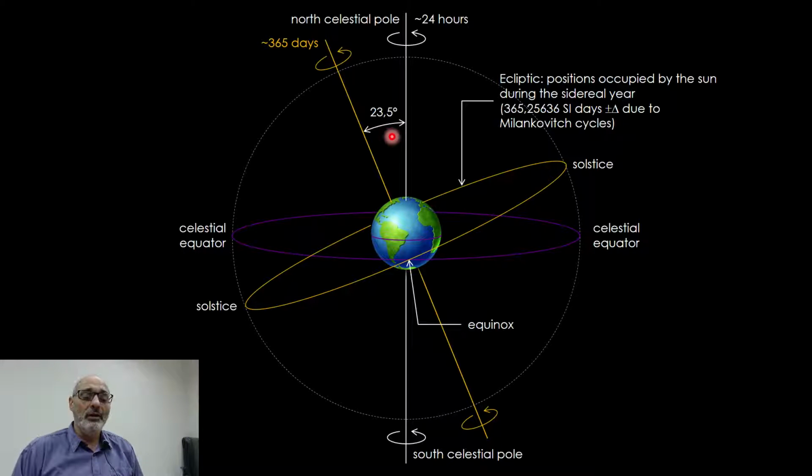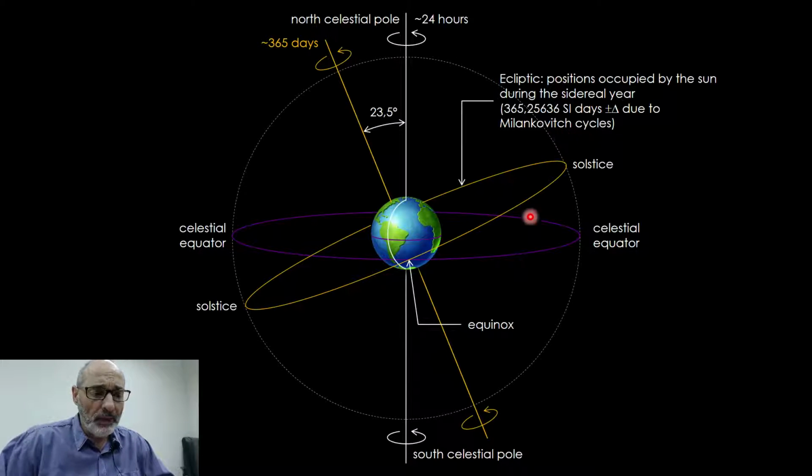We don't need to take this into account for our solar power plant, because the cycles have periods of 40,000 years, so our power plant is not going to last that long. But it's related to climatic change. So the equinox is the point here, and we have a meridian here.